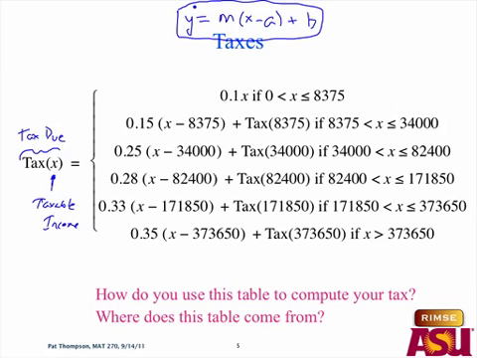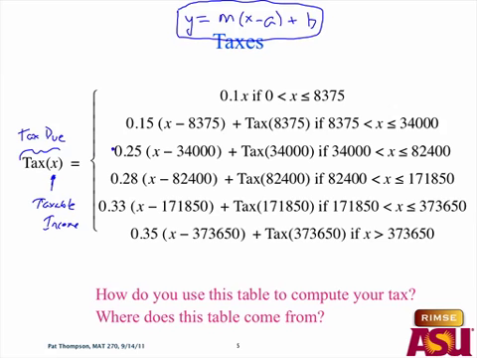And then the a would be the beginning of that piece of the graph that you're in, plus the output of that beginning. So do you see m times x minus a plus b here? Yeah. You see it? So let's break it down.